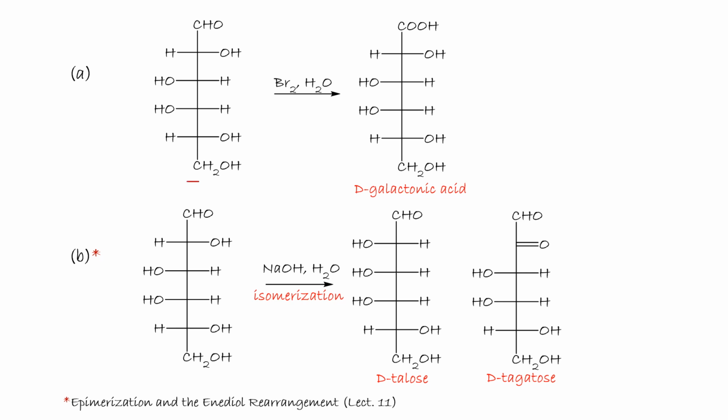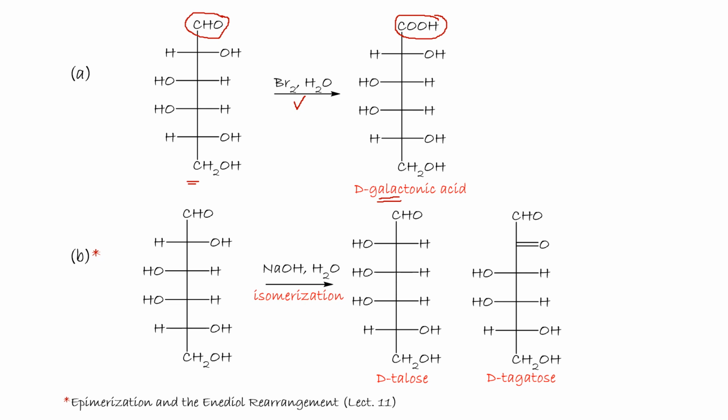D-galactose with bromine water: oxidation of the aldehydic group to carboxylic acid group, so we get galactonic acid. Galactonic acid.